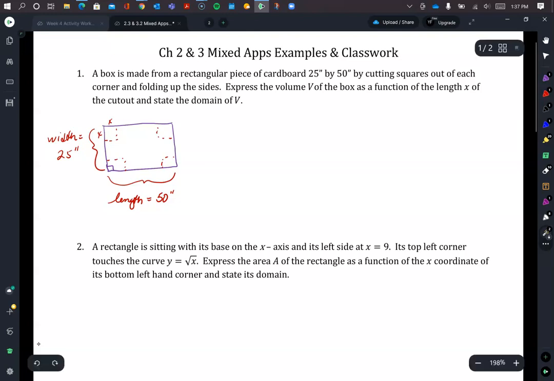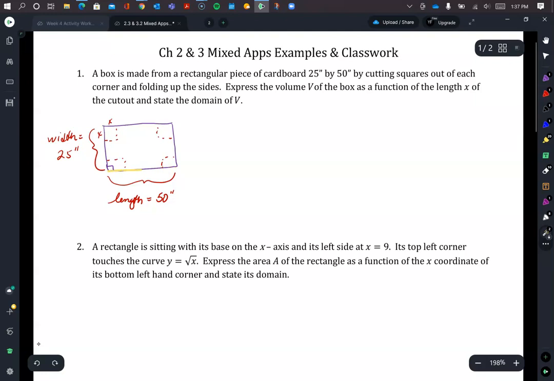We could actually even find out what would be the maximum volume using Desmos. Okay, so on this one, we have the length is 50 right here, and our cut is x.